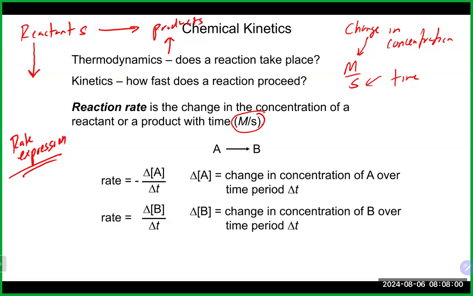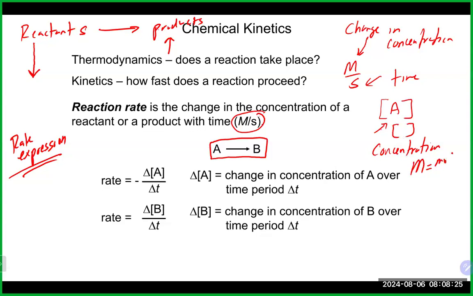So if we were to look at this particular reaction here, A goes to B, for a reactant we could say that the rate is equal to the change in the concentration of A. A reminder that when you see brackets around something, those brackets basically mean concentration. And in most cases, the type of concentration that we're talking about is molarity, which again is moles per liter.